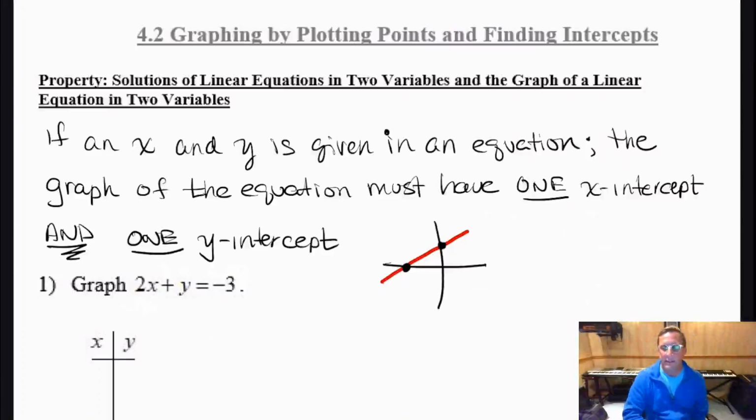All right, and that's a given. If there's an x and a y in an equation, those two things will hold true for sure. All right.